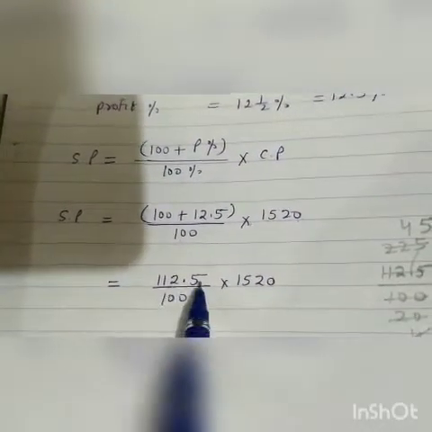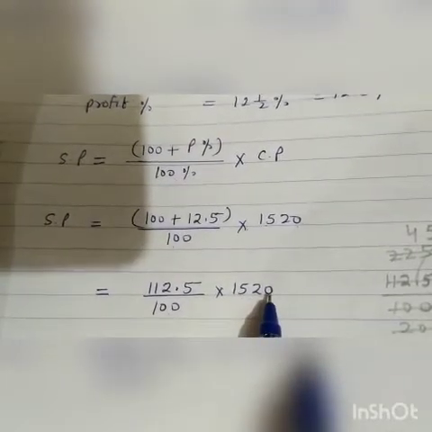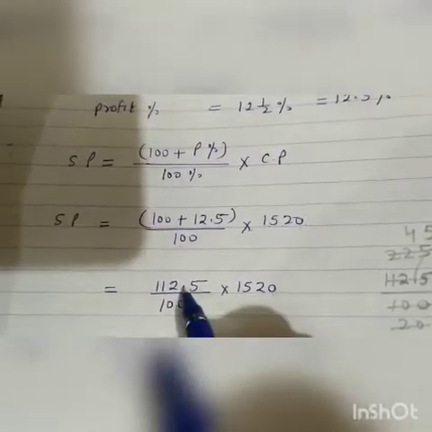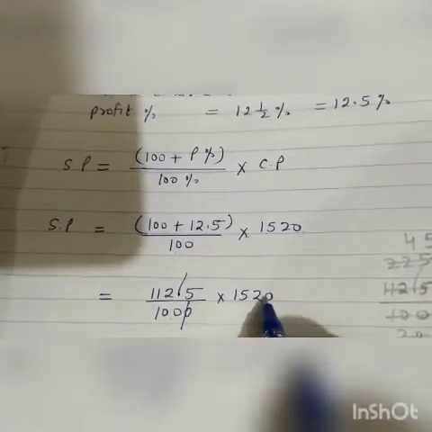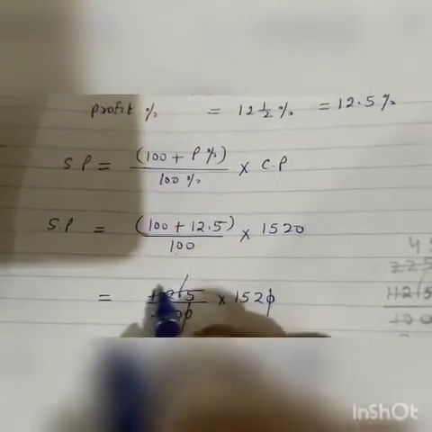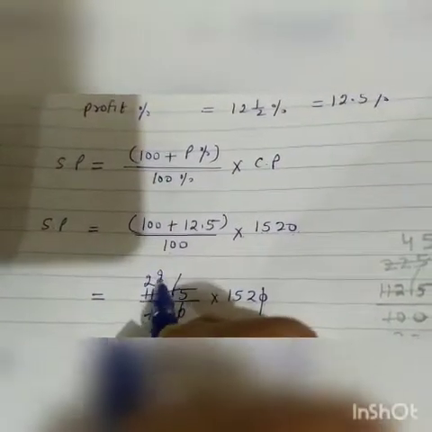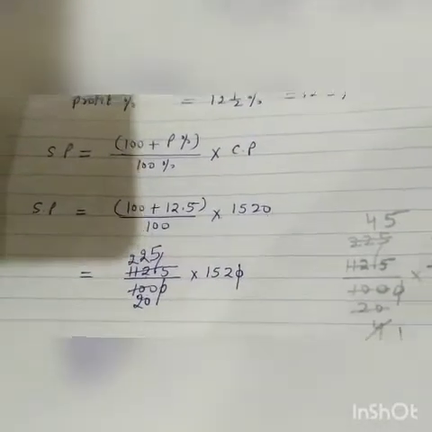It is 112.5 upon 100 into 1,520. Remove the decimal from here. Add 0. Now this 0 and 0 cancel. 5 2s are 10, 0. 5 2s are 10, 1 remainder. 5 2s are 10, 2 remainder. 5 5s are 25.